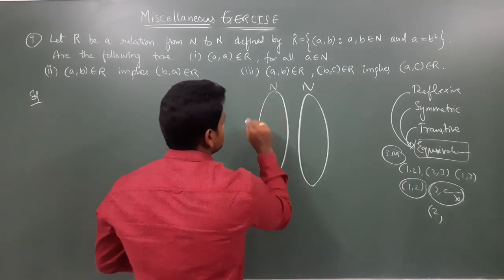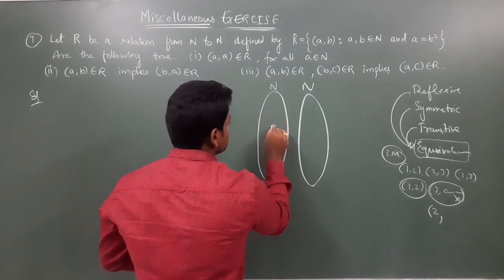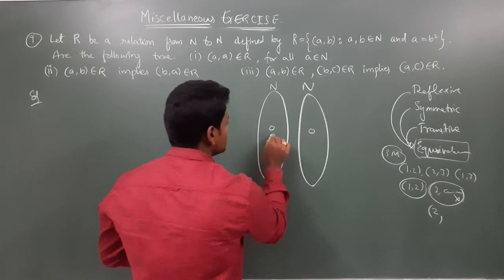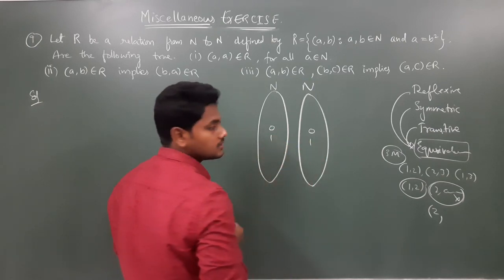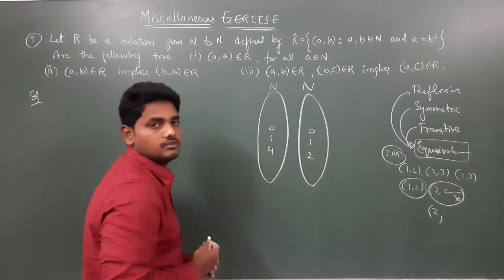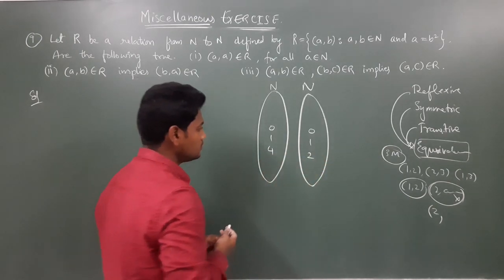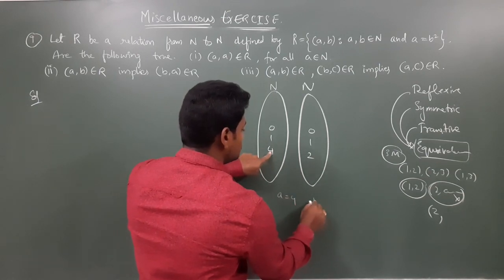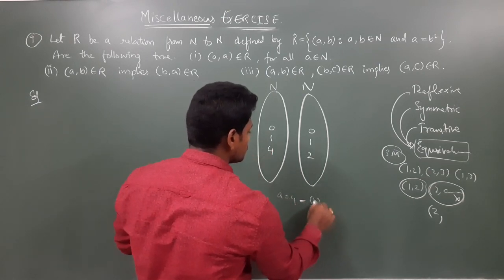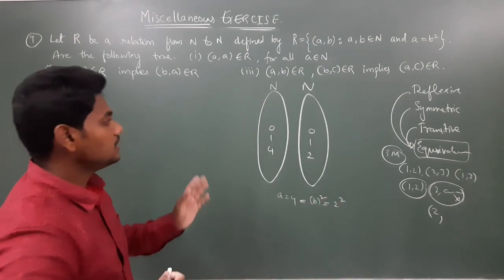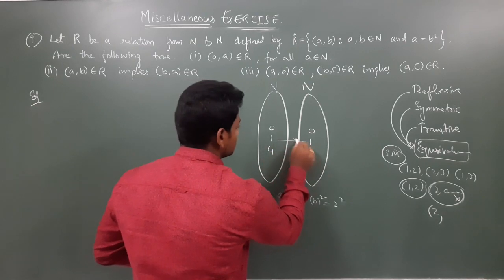For example, if I consider 0, this is 0. If I consider 1, it is 1. If I consider 4, it is 2. Why 2? Because if a equals 4, it should be equal to b square, nothing but 2 square. So like that the relation will be there.